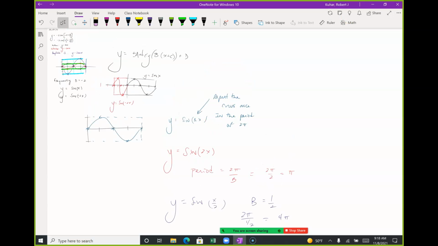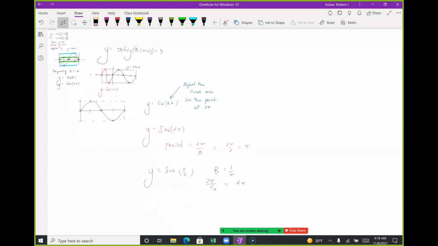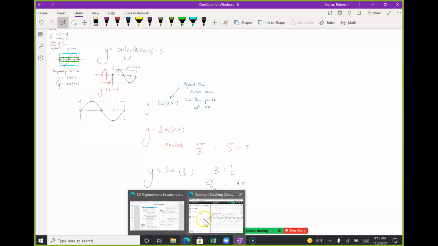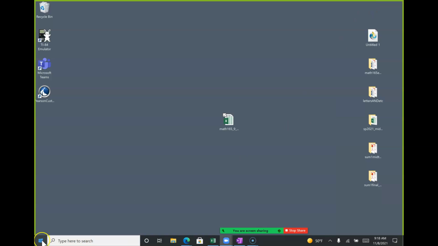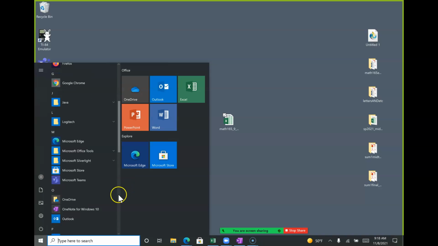Okay, back to our problem. And remember, I asked you to see if you could make that same thing I did on Sketchpad on Desmos. Anybody try that yet? Don't even answer.